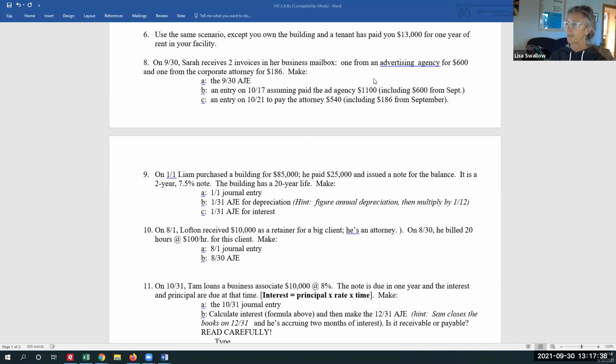Here she pays them $1,100, and that includes the $600 that she had accrued in September. This is very similar to the wage entry that we made. So I'm going to have you turn off the tape, make the AJE, and then I'll walk you through booking the payment to the ad agency and the payment to the attorney.